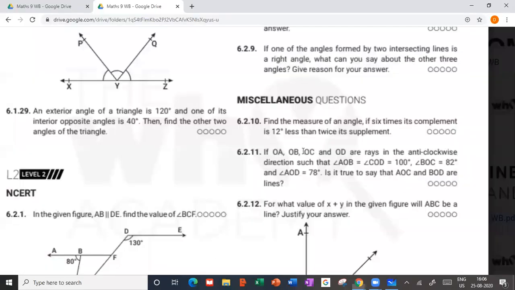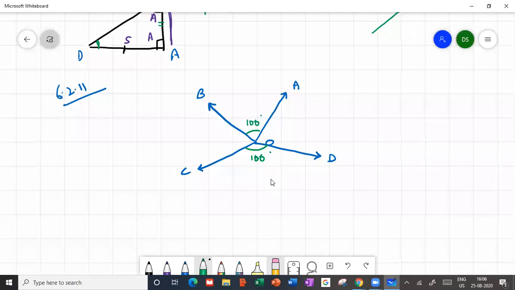And BOC is 82, AOD is 78. They're just asking one question. BOC is 82 and AOD is 78.